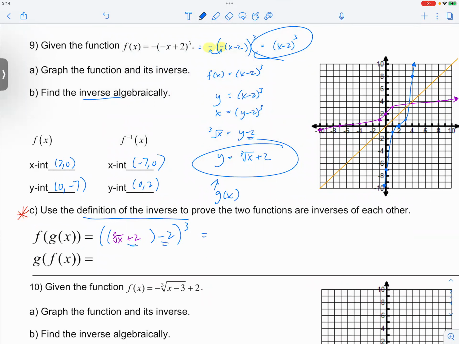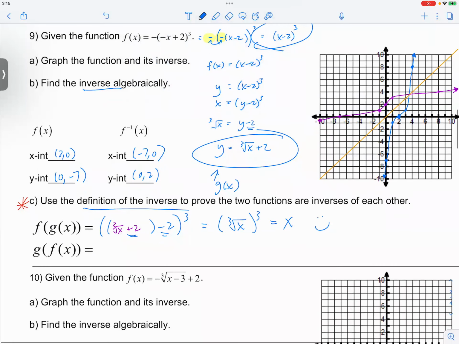Okay, and now we can simplify it. We have this, and we have x by itself, which is nice because if it's equal to x, that's a good sign, a hint that they are truly inverses of each other. And then we do g of f of x.